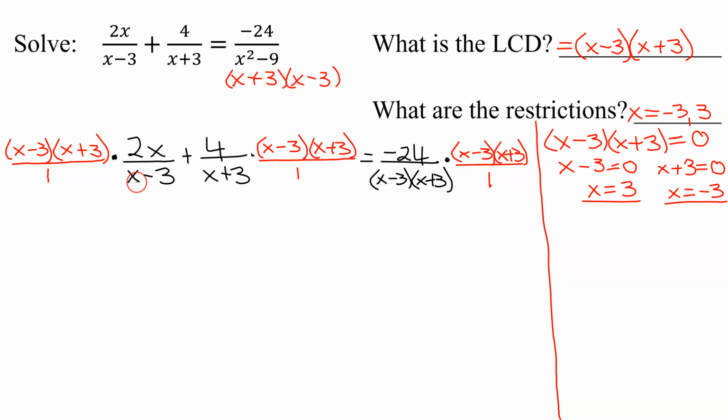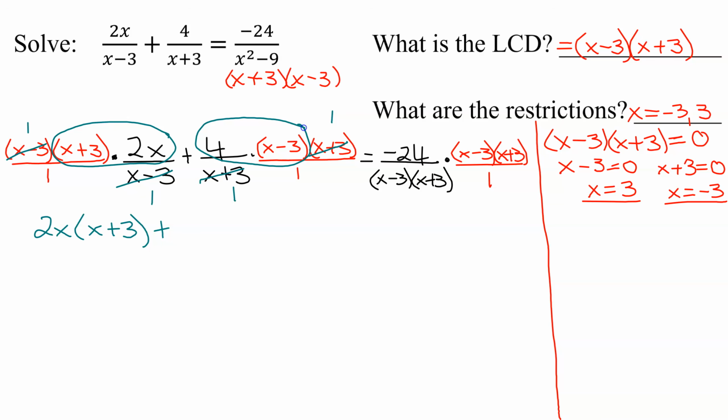And on the first term, my x minus 3 reduces, and I get left with 2x times x plus 3, plus on the second term, x plus 3 reduces, and I get left with 4 times x minus 3.